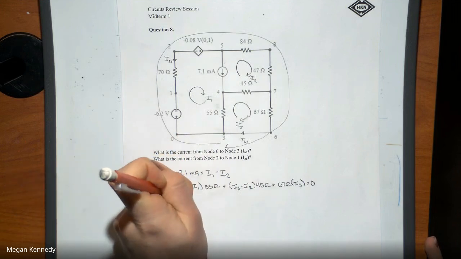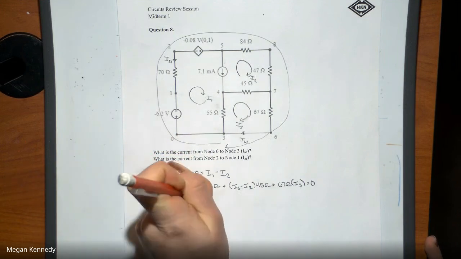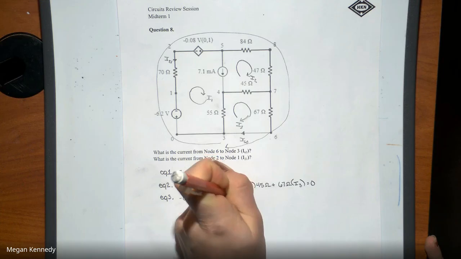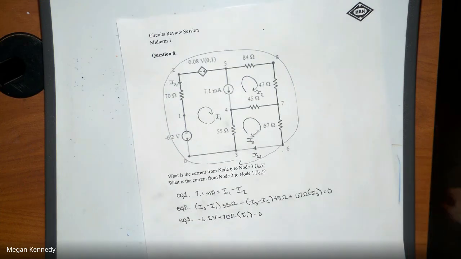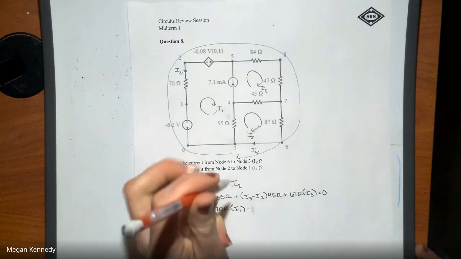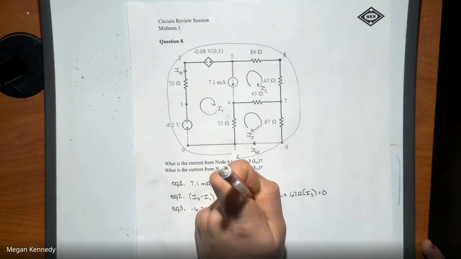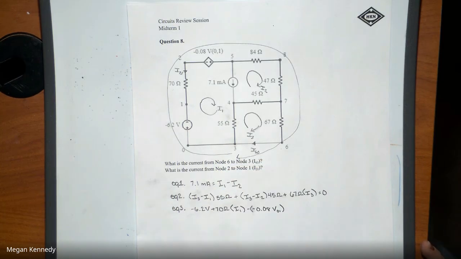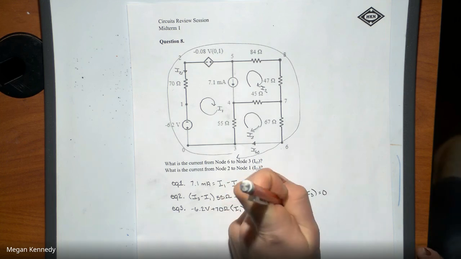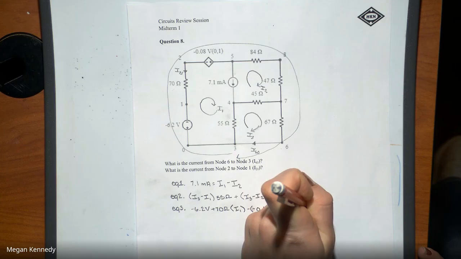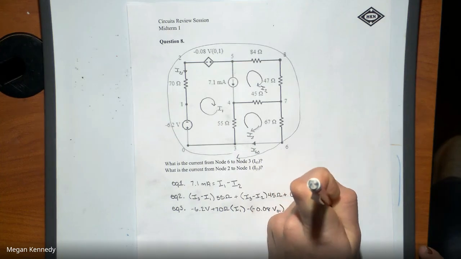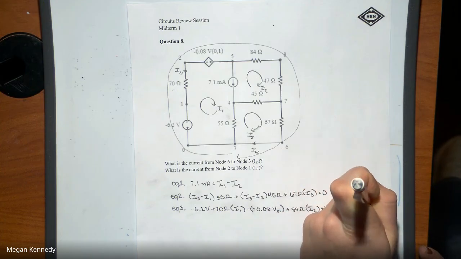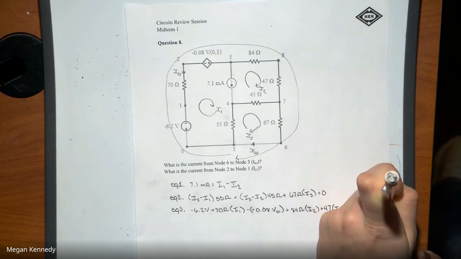So we're going to have negative 6.2 volts plus 70 ohms times I1 minus 0, minus a negative 0.08 volts from 0 to 1, which we'll come back to, plus 84 ohms times I2 plus 47 ohms times I2 plus 67 ohms times I3, and that's all going to be equal to 0.